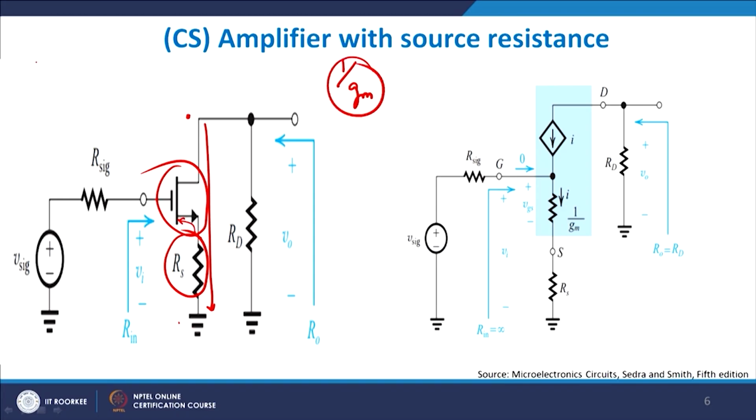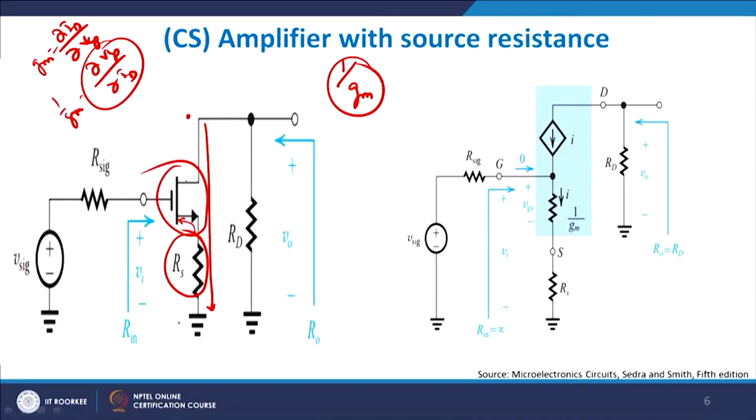Remember Gm was equal to del Id by del Vgs, right. So 1 by Gm is del Vgs by del Id, which primarily means that for the same change in the value of Vgs, how much Id is changing. That can only be done provided you know what is the resistance offered. So this is basically the resistance.